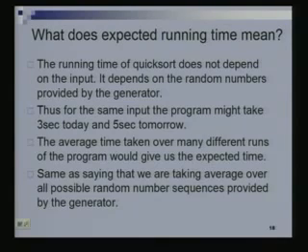We are doing this for one fixed input, and if I fix an input and compute this value, it turns out to be n log n. That's what we did. And nowhere we use the fact of what the input was, really. No matter what the input is, your expected time is turning out to be n log n.